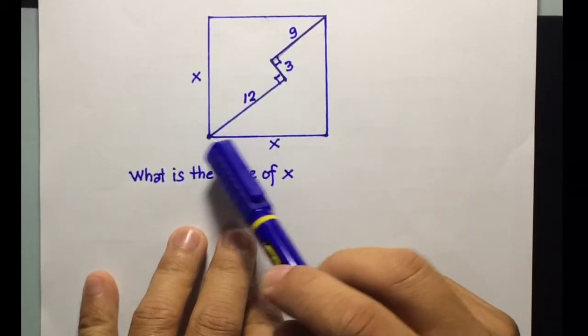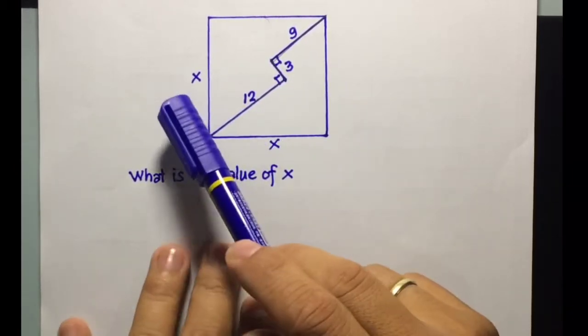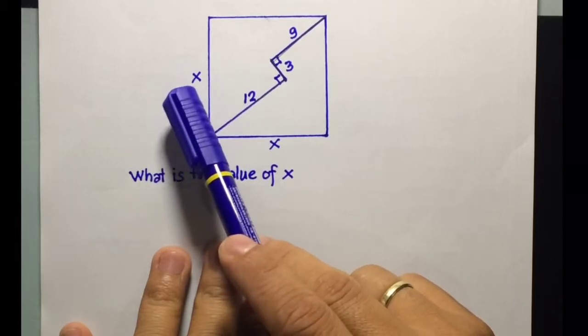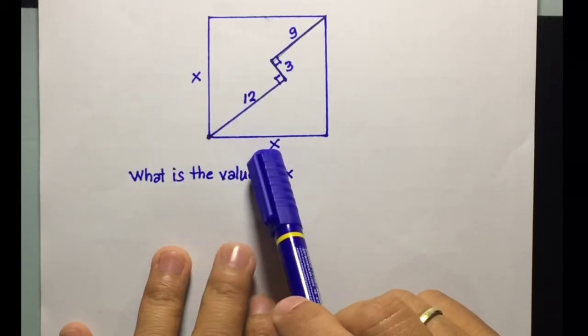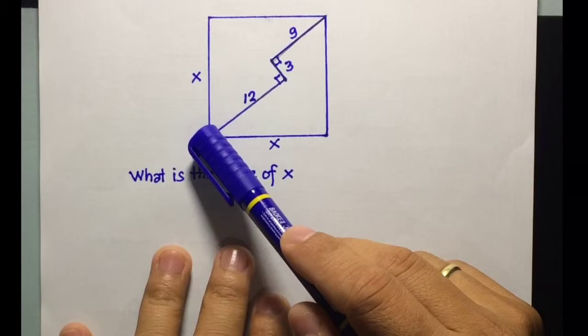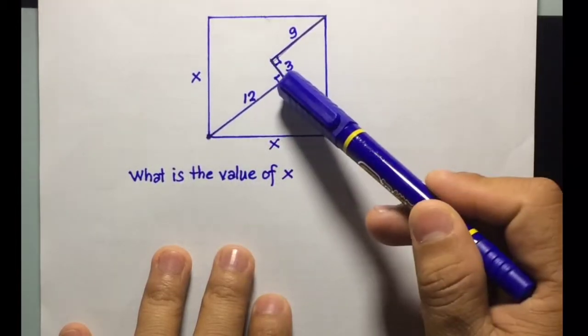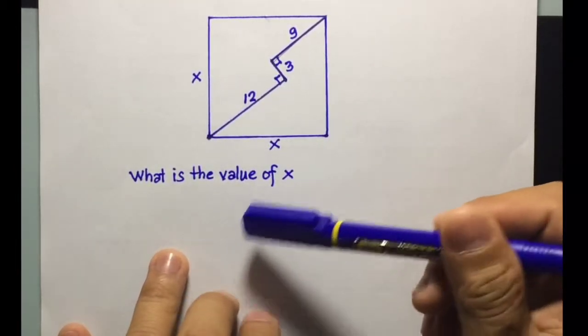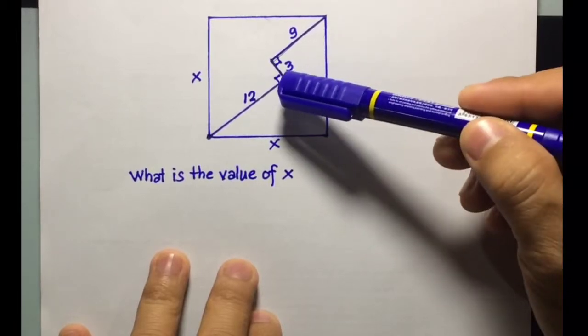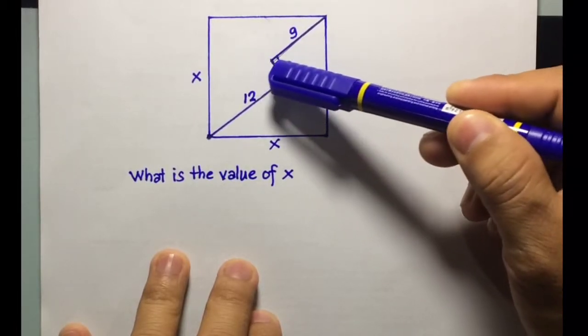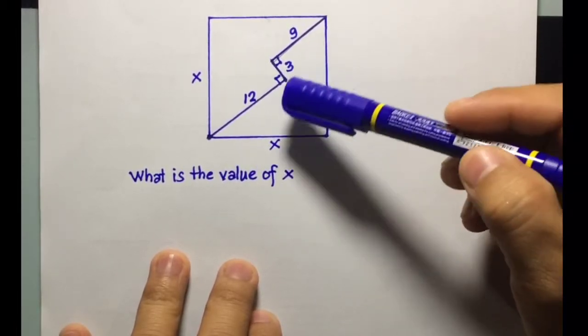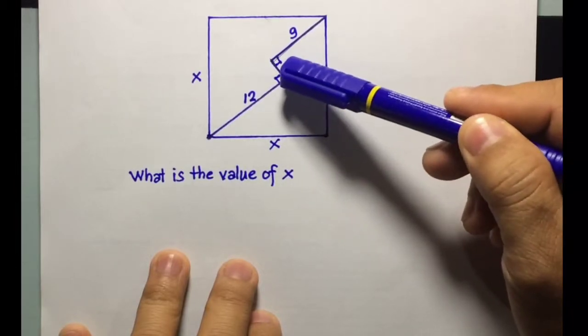So this is the problem. We have here a square, and its side measures x. Then we have a line segment from this point to this point that measures 12, and another line segment here, and these two are perpendicular, so this is 3.